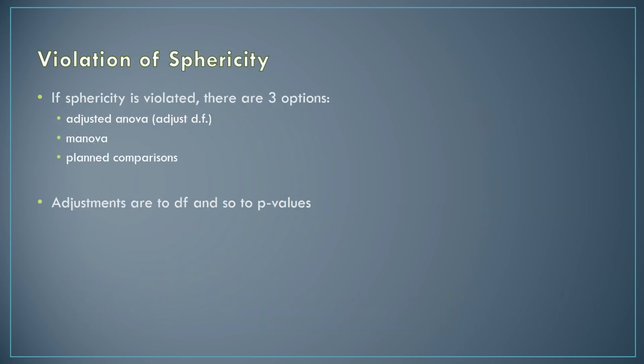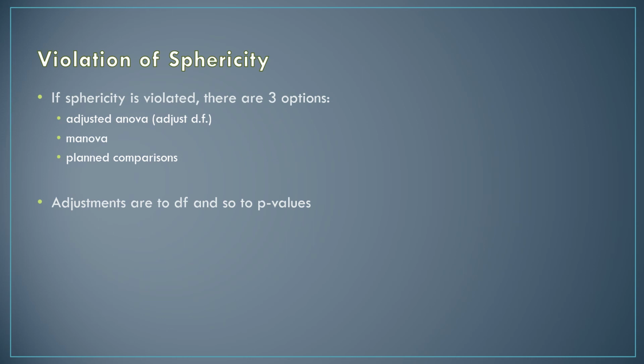So if you do have a violation of sphericity, there are a couple of options of things you can do, but it's pretty difficult to adjust for a violation of sphericity after the data has been collected and the initial analysis has been run.